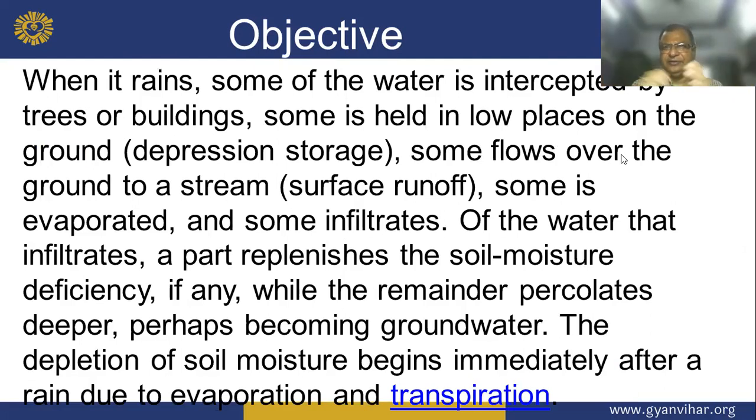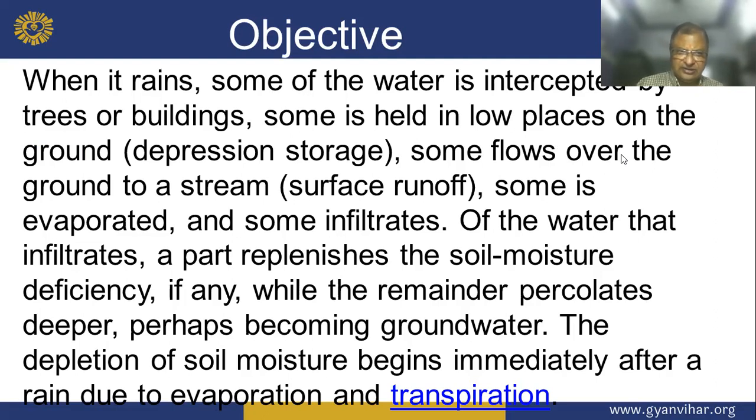When it rains, some of the water is intercepted by trees or buildings. Some is held in low places on the ground as depression storage. Some flows over the ground to the stream as surface runoff, and some is evaporated and some infiltrates.